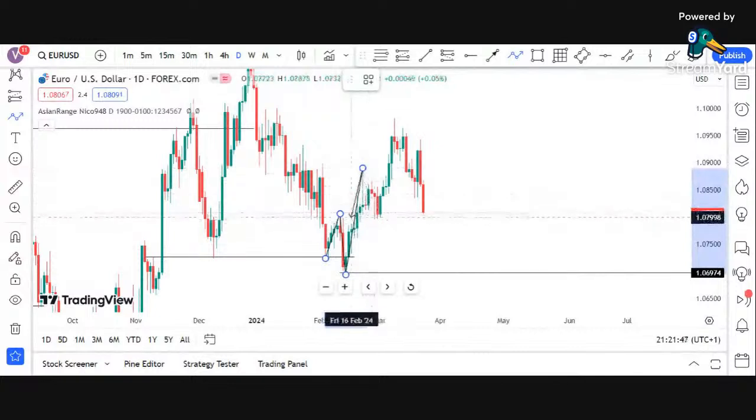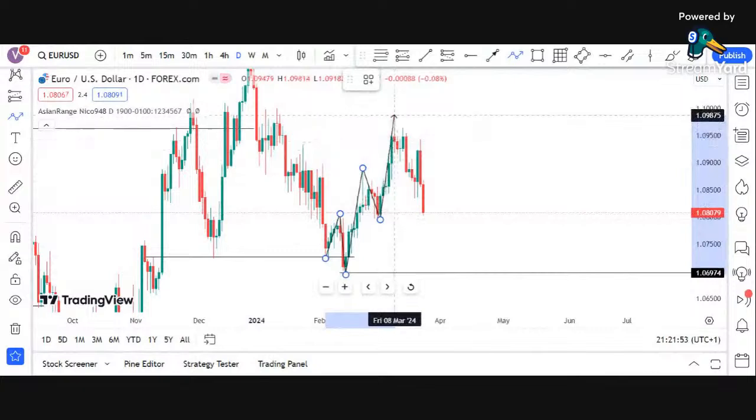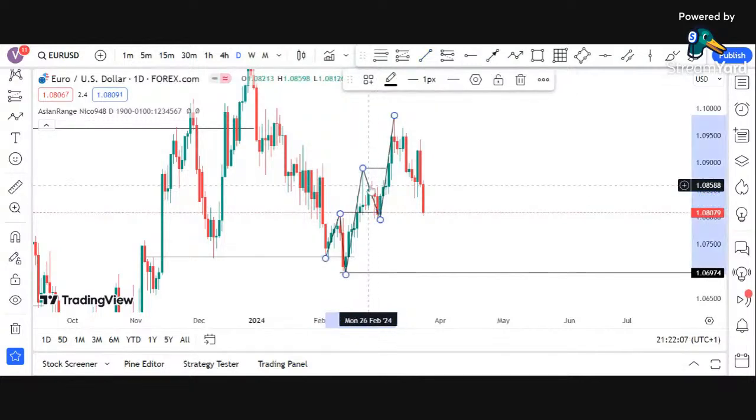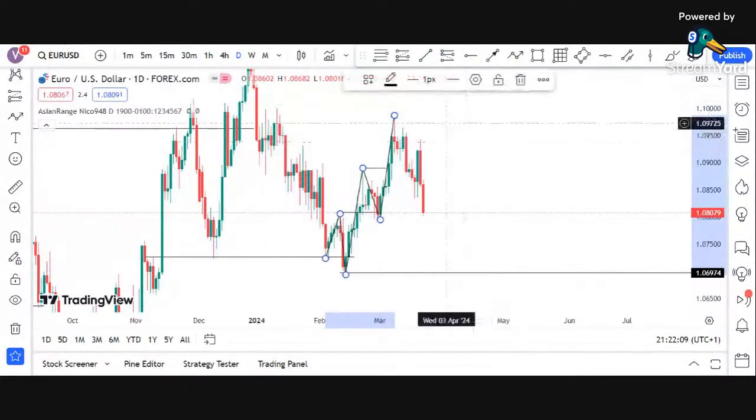Price came into this, our breaker block, bullish breaker block, and gave us a BOS to the upside again. So this was the BOS, right? This was the bullish breaker that was used to push price to the upside.